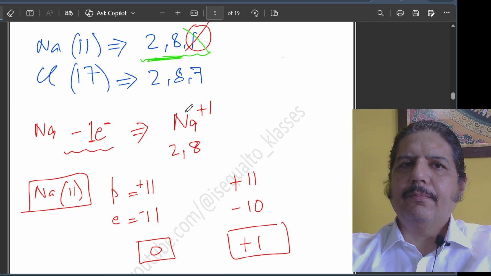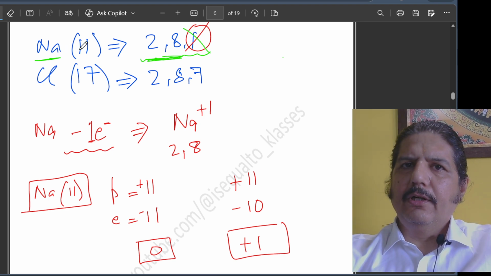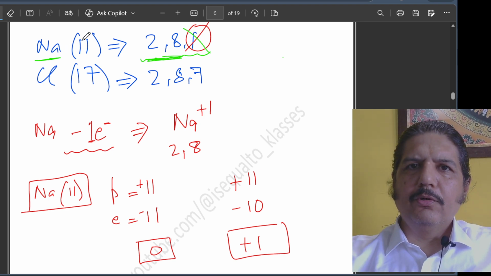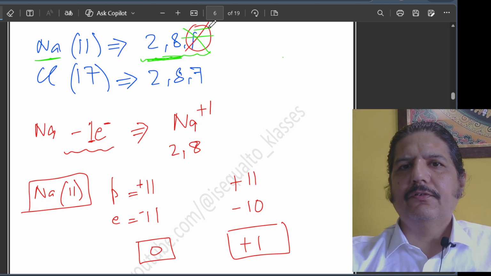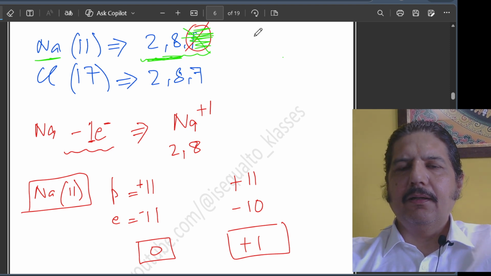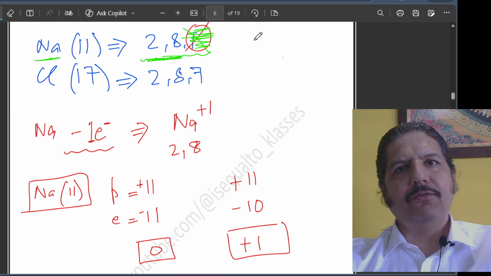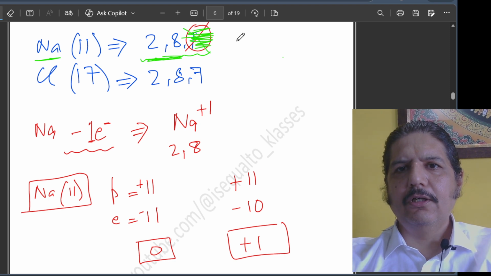But what will happen to the charge is that a sodium atom is neutral because the number of protons is equal to the number of electrons. Once this electron has gone, the number of electrons has decreased and the number of protons has remained the same. So basically, on losing this electron, sodium will get a positive charge of plus 1.